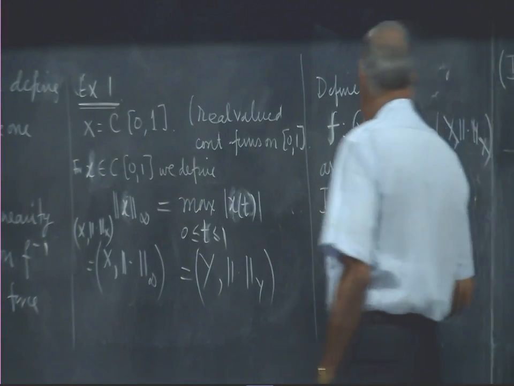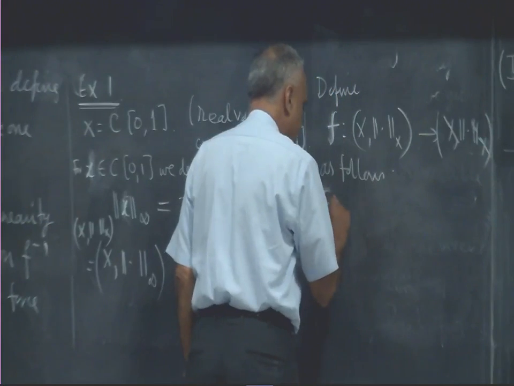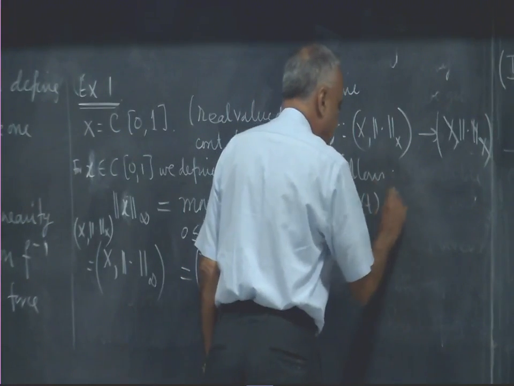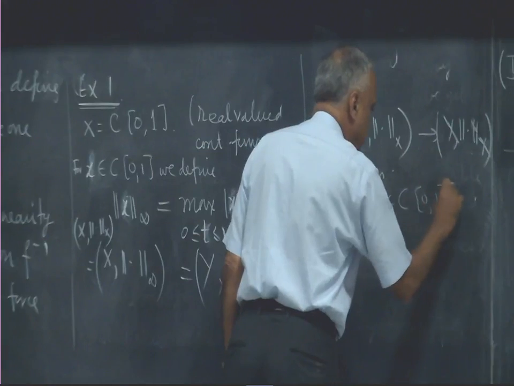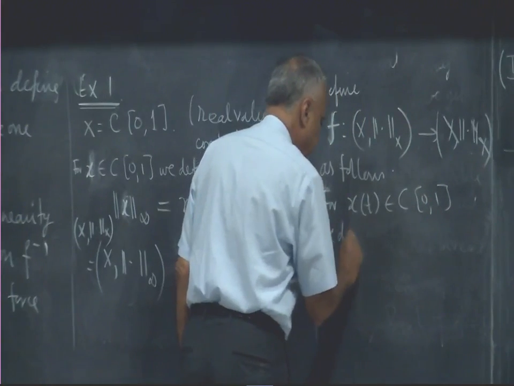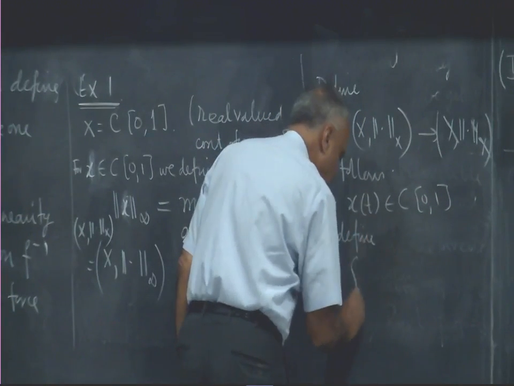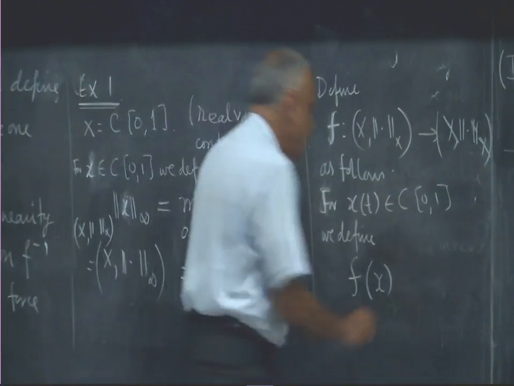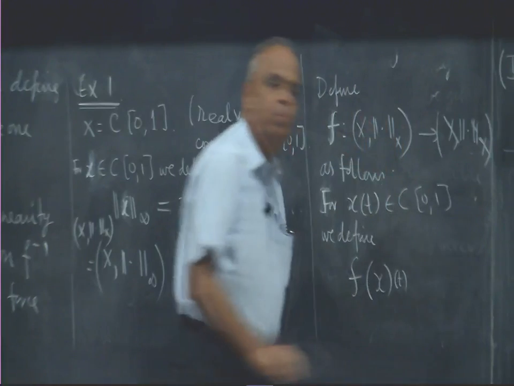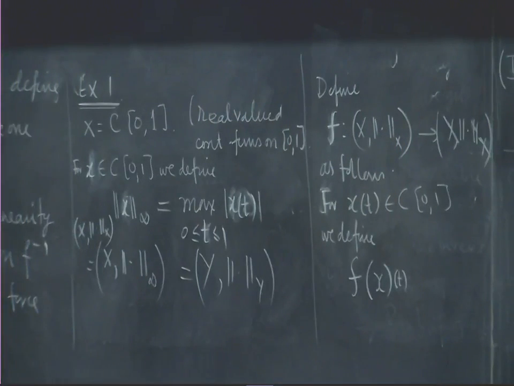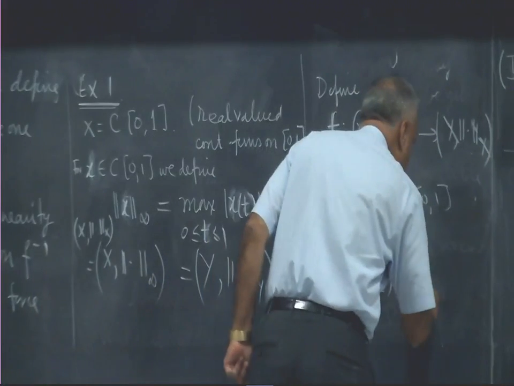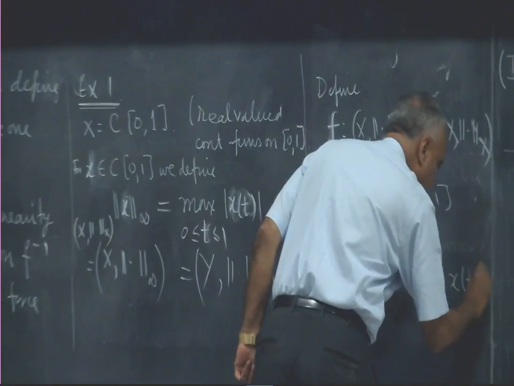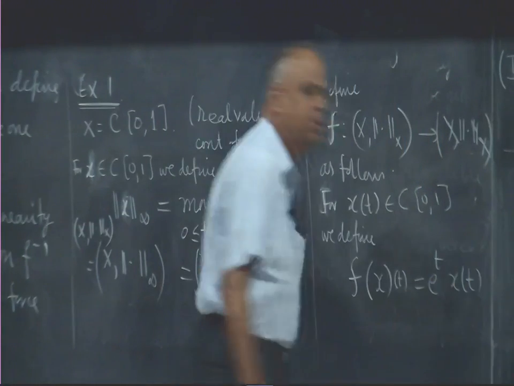So f of x, for x(t) belonging to C[0,1], we define f of x must be a function, therefore I must tell what its value at the point t is. It is simply obtained by multiplying the value of the original function by e to the t.